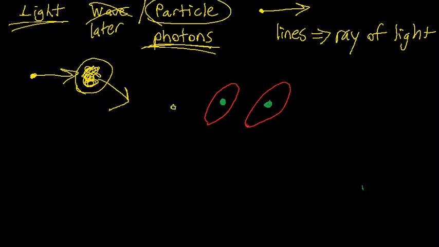Then what happens is the photon is traveling along merrily on its way, and it runs into this atom, and the electron gets excited. It absorbs the energy from the photon. Perhaps I should make that lighter orange to show that it's excited.